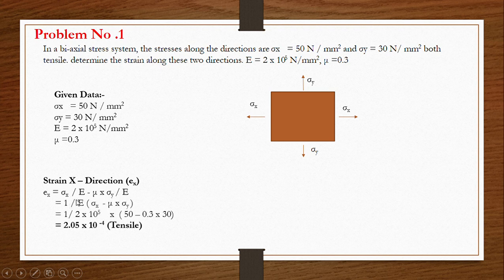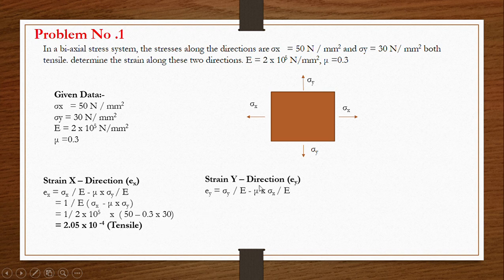First of all, we take 1 by E common. So in the bracket sigma x, and the remaining is minus mu into sigma y. Substitute the values. We get the answer 2.05 into 10 raised to minus 4, tensile. Now what does tensile mean? It is positive. That's why it is called tensile.